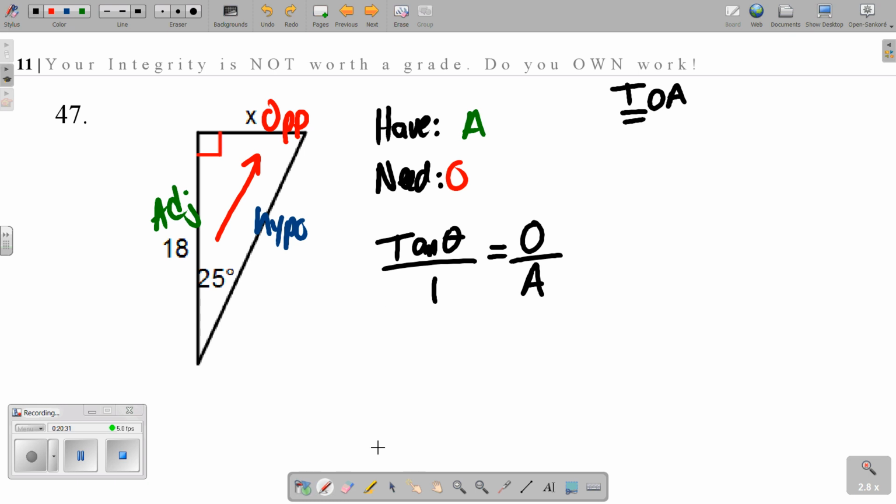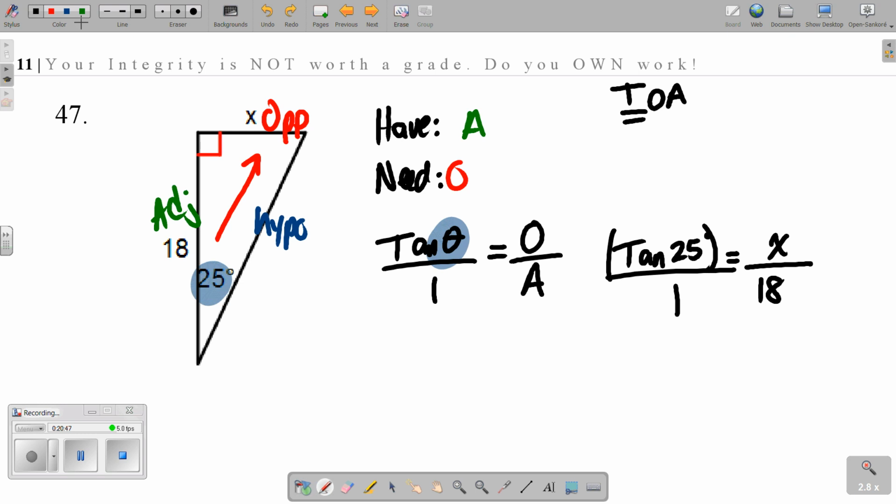Now we're going to plug stuff in. Our theta is going to be 25 here. Our opposite is x. Our adjacent is 18.